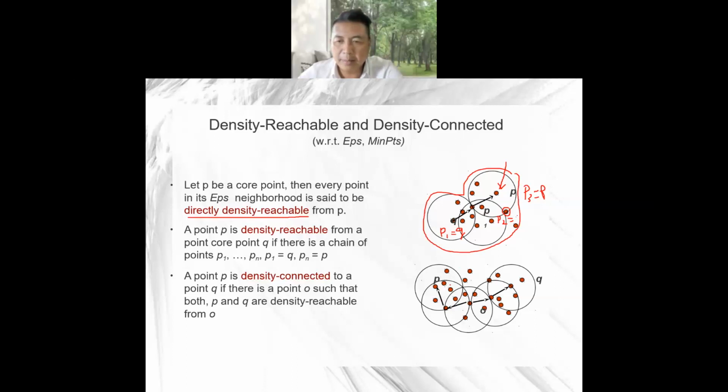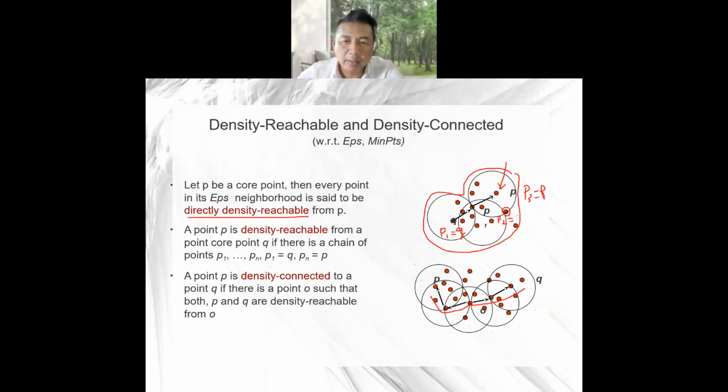Similar to this, you can go over here or over that side, because every time, let's suppose we say this is core. When we are here, this is also core because it has more than 4 members.